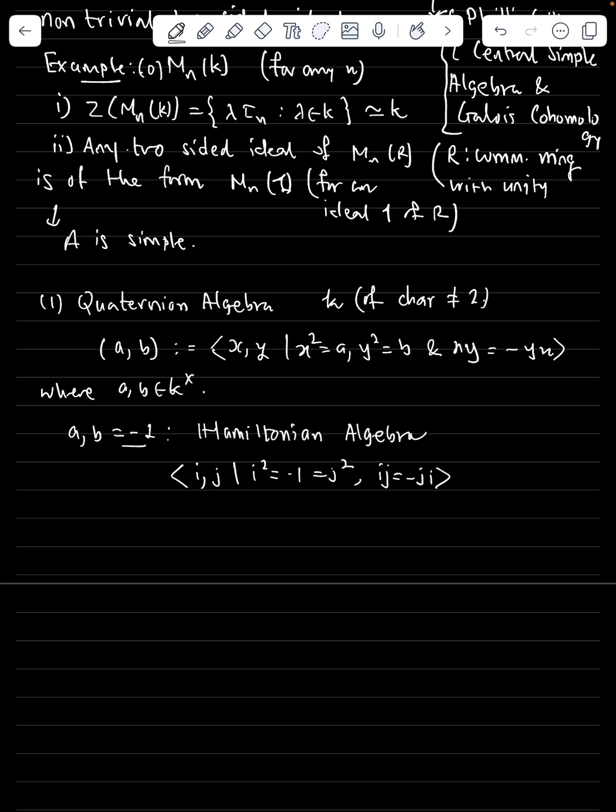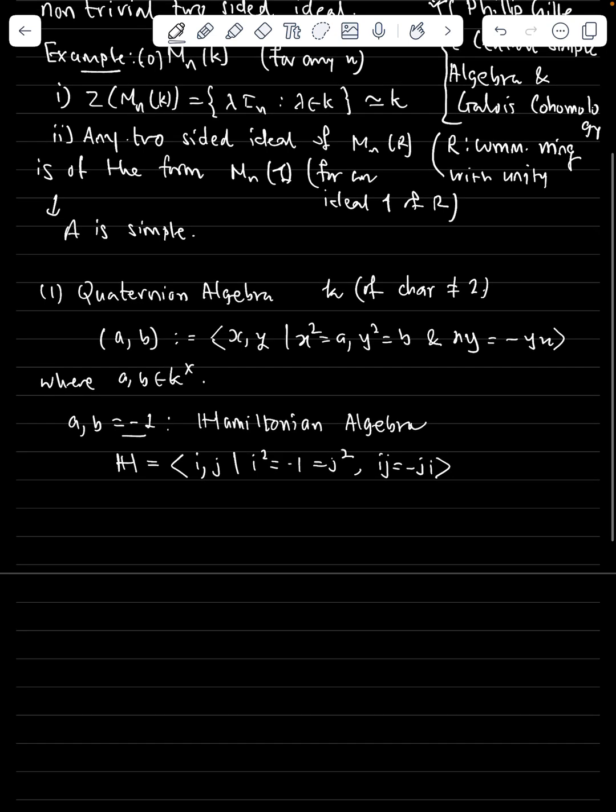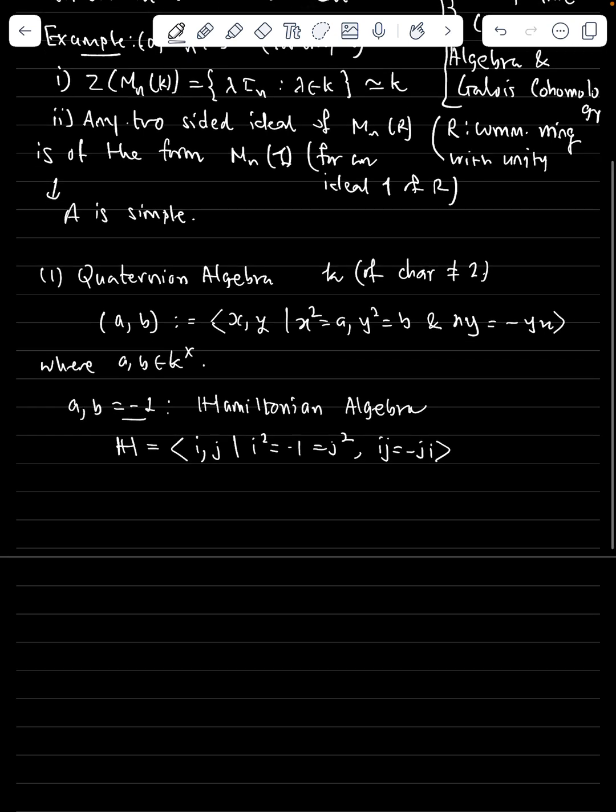But sometimes we also write ij as another variable k. So that's the standard Hamiltonian algebra, and you can show that it's also a central simple algebra.